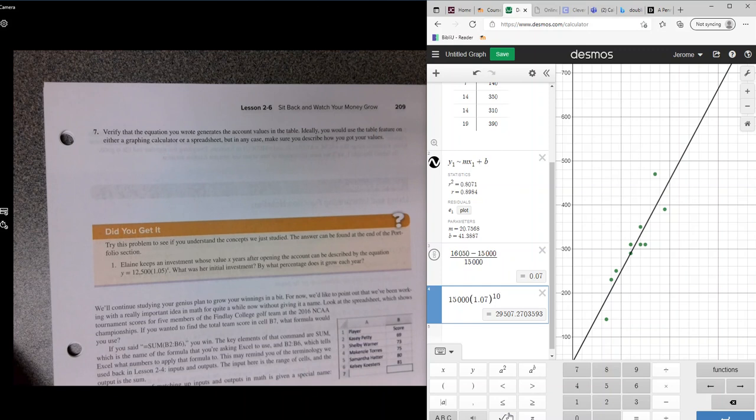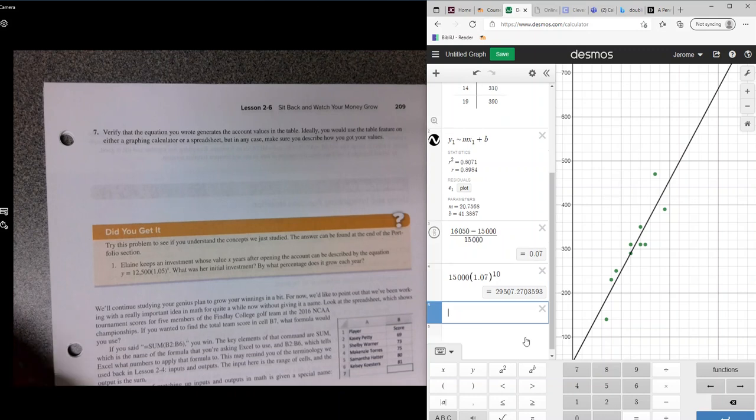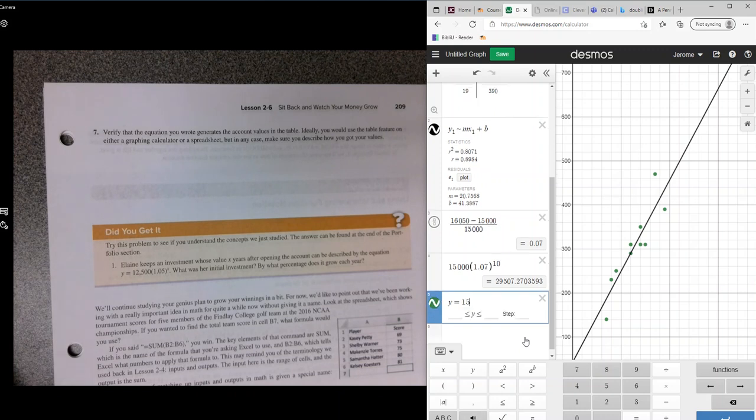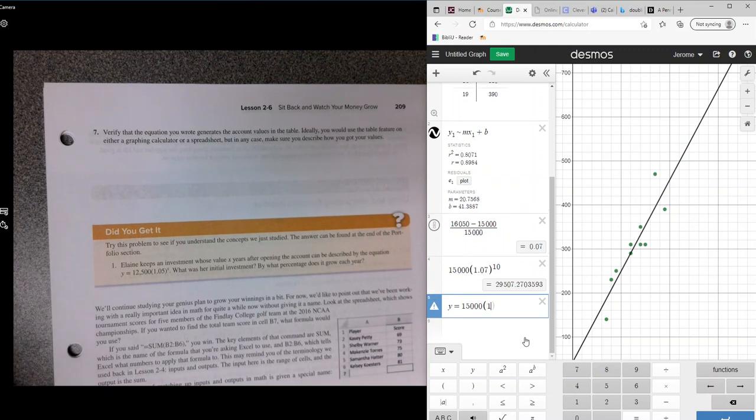So we have y is equal to 15,000 times the parenthesis of 1.07, and we would take that to the x power, to the power of x.